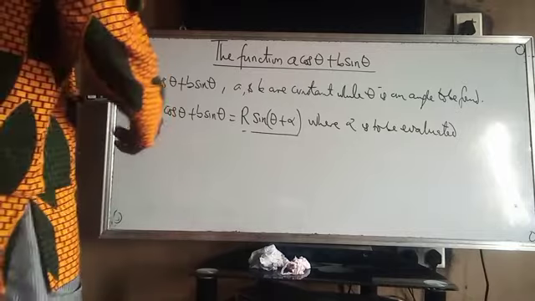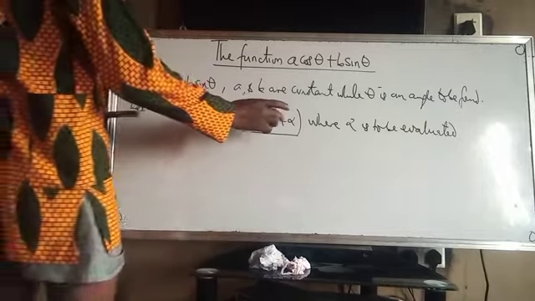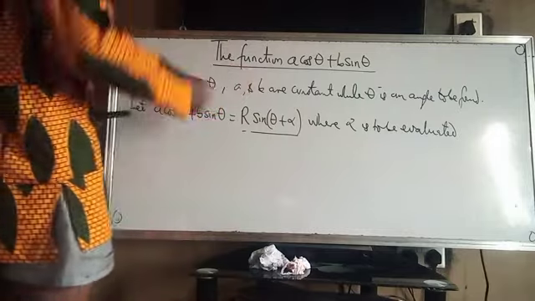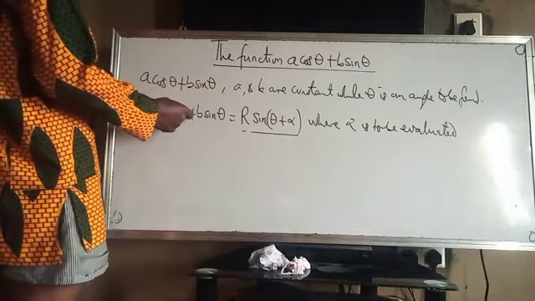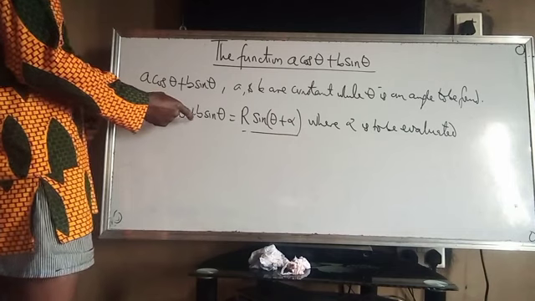We use r sine of theta plus alpha simply because if we expand this, we are going to have an addition sign like the one we have here.